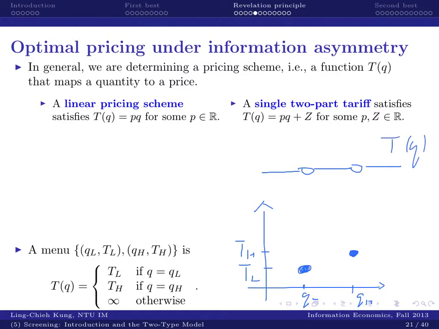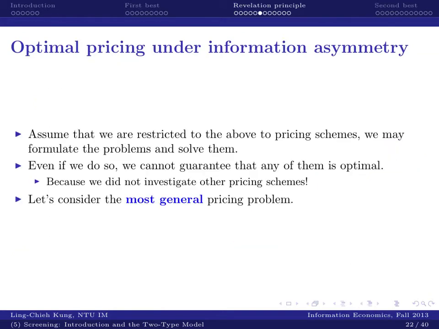So in general, you are allowed to implement any menu, a menu with any number of contracts, if you just want to write down a general function. All of them are some restrictions on my pricing schemes, and for each restricted contract format, we may formulate a problem and solve it.